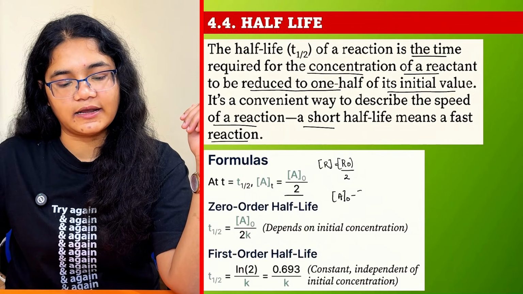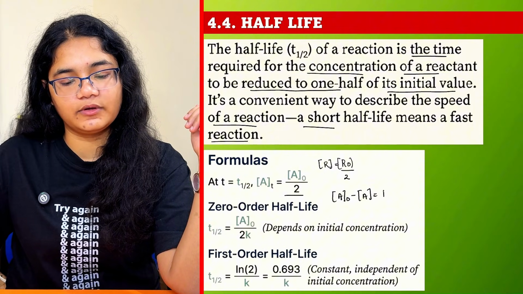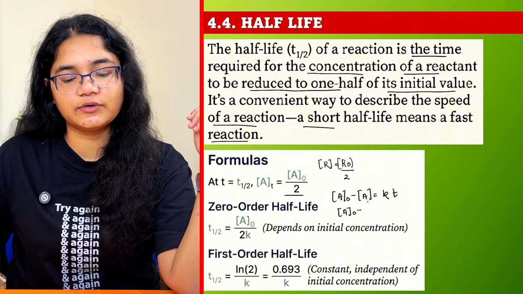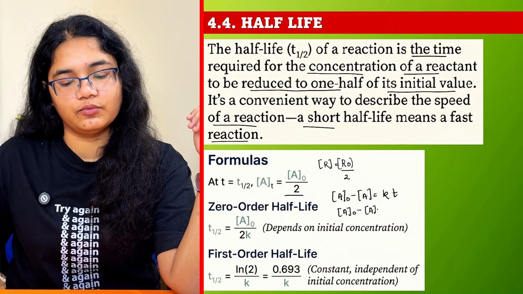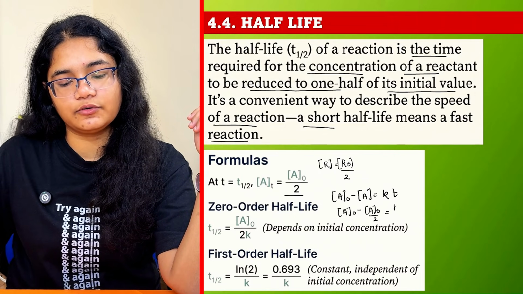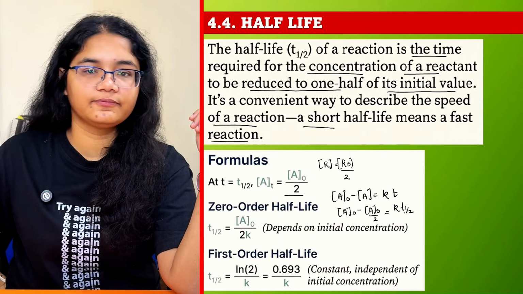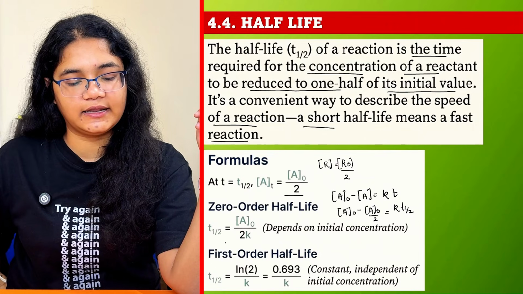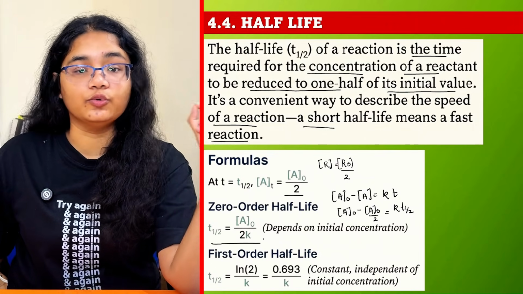A0 minus A is equal to Kt, right? So here A0 is there, minus the value of A, which is A0 by 2, is equal to K into t half. So A0 minus A0 by 2 is A0 by 2, and you will get t half is equal to A0 by 2K.